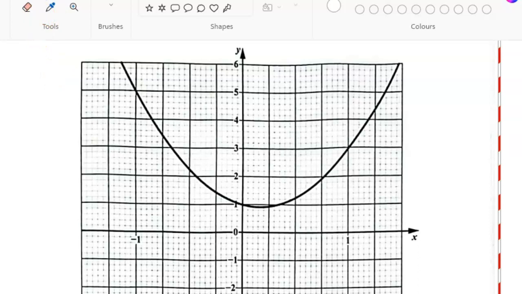So the tangent at x equal to 1 would be here. The tangent line would look something like this. It must touch the curve only once, so it should look something like that.